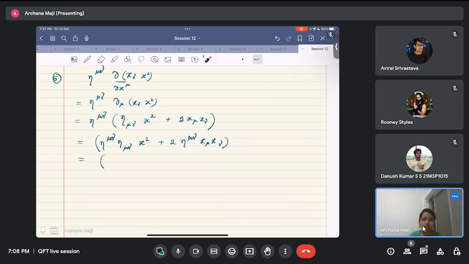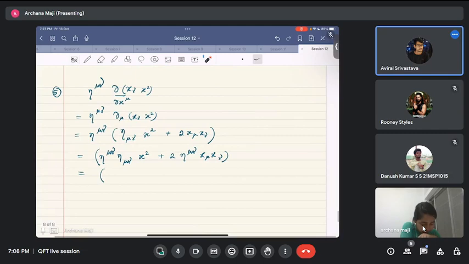Everyone thinks it's identity. It's the same name. Like it's mu rho mu rho. We are using Einstein's summation convention, which means this mu and nu, these are summed up. You mean Kronecker delta? Anyone else? Any other try?